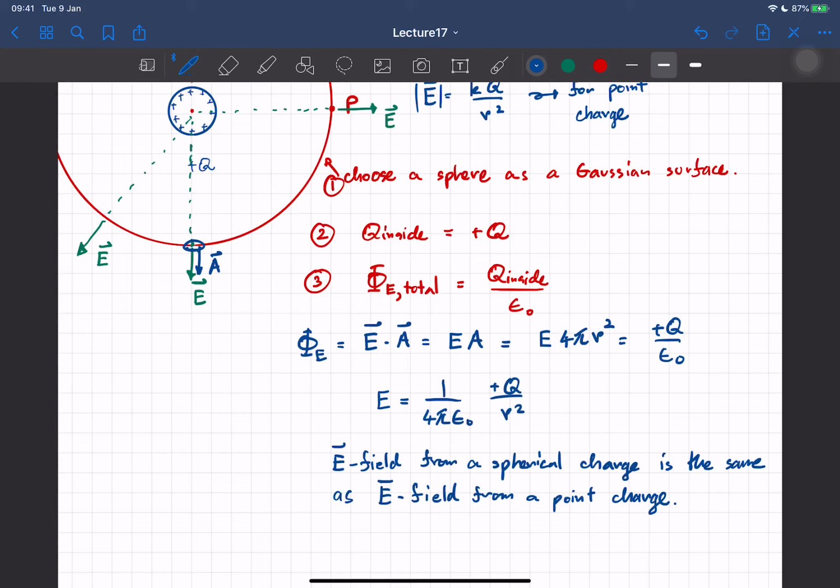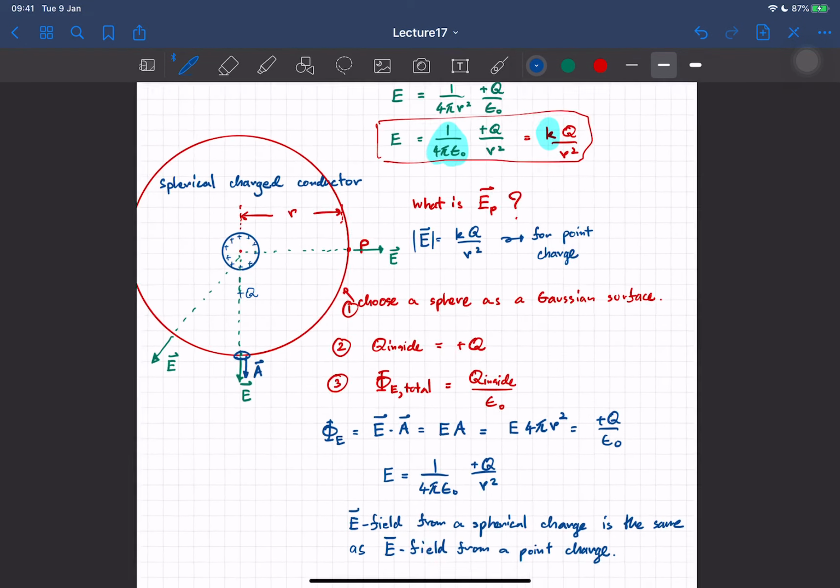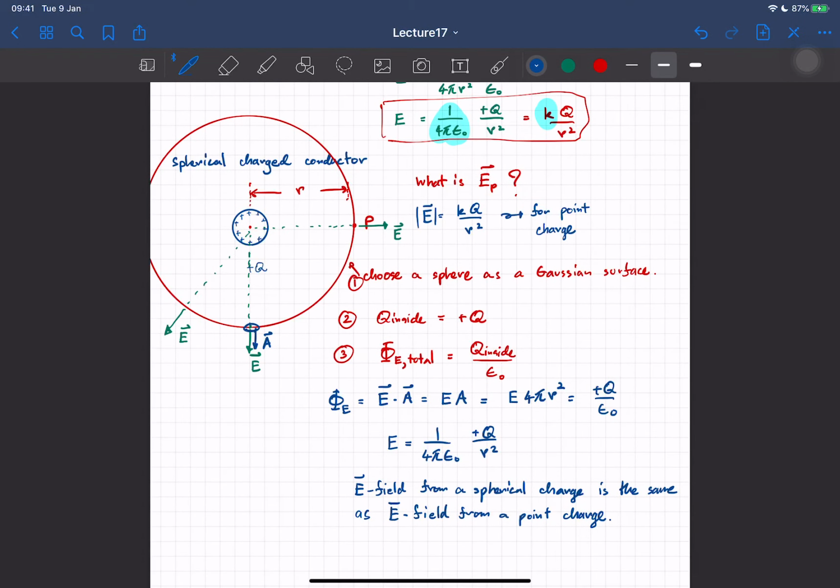This is very nice because you got this result from applying Gauss' law. It's a lot easier than dividing this sphere up into multiple strips and integrating. That's a lot of calculus to deal with, and we don't want that if we don't have to.